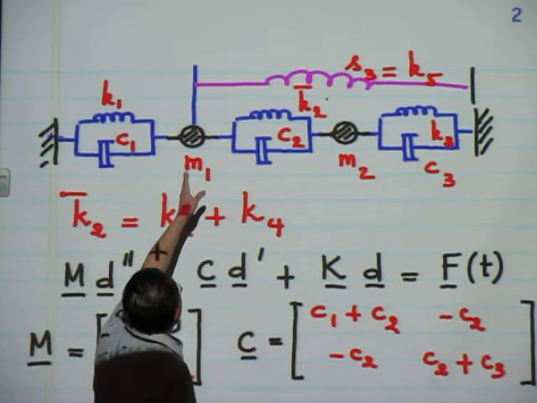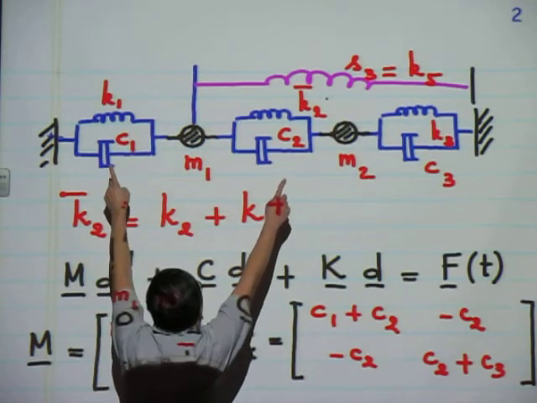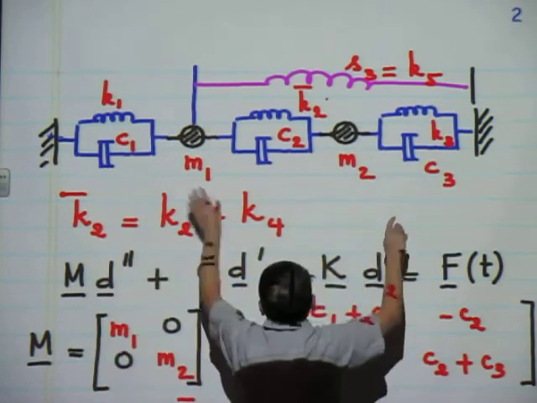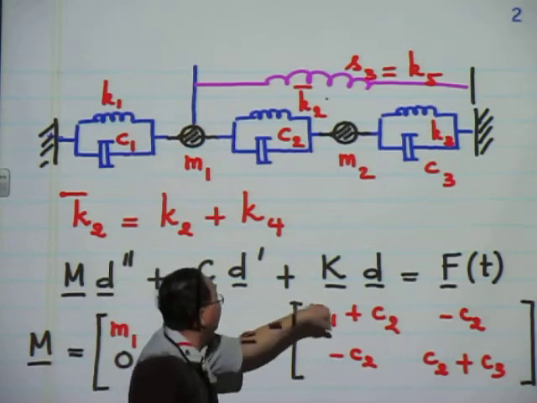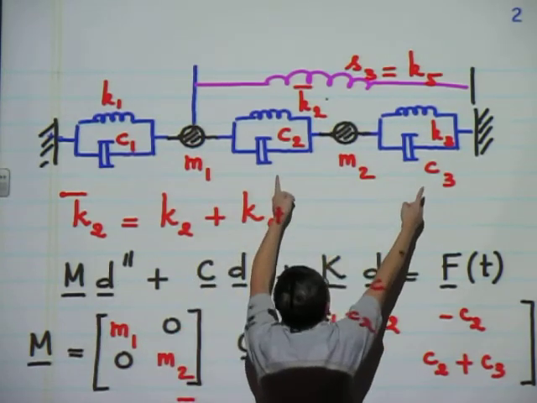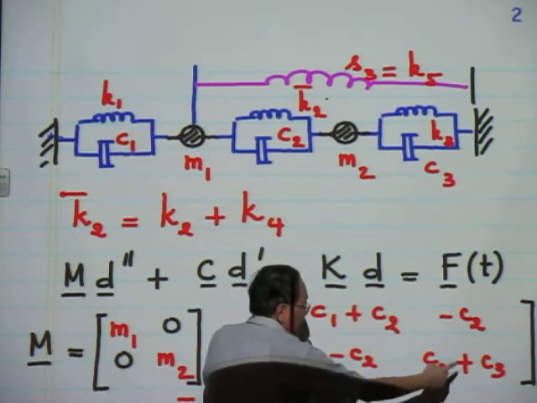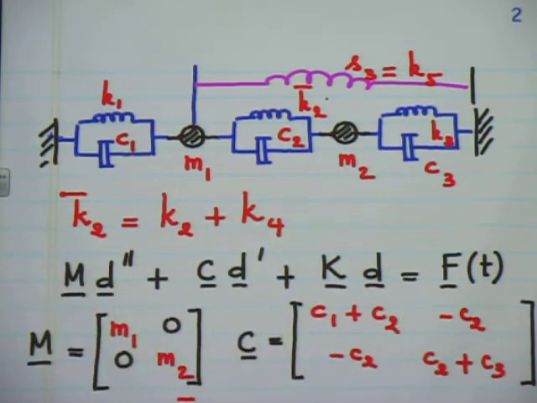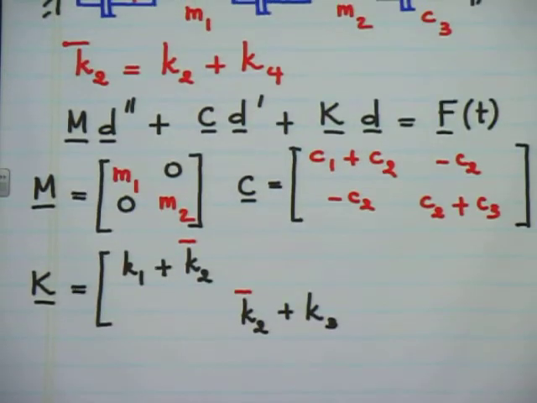For the displacement D1, you sum K1 and K2 bar. That's the first diagonal term, very similar to this one. For the second degree of freedom, that's between K2 bar and K3, similar to this term. That would be K2 bar plus K3.